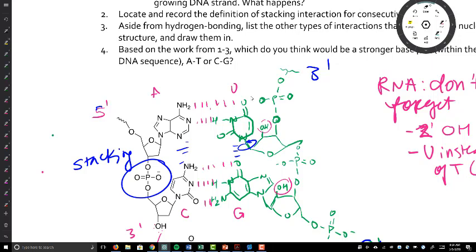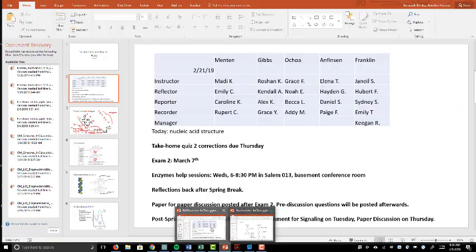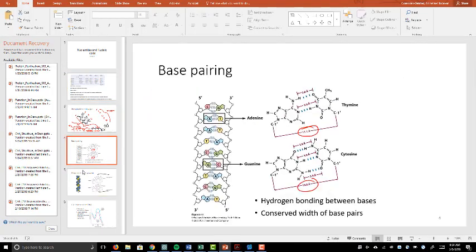Okay, so we know that when we move from thinking about DNA bases hanging out to thinking of them all stacked on top of each other, and they also have a ribose ring and a phosphate backbone, we know that there's hydrogen bonding.